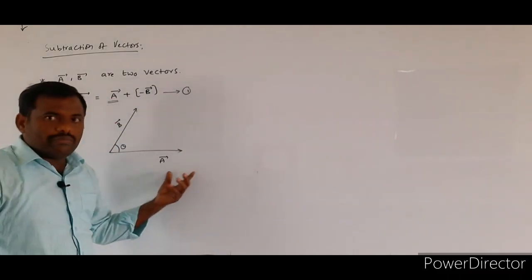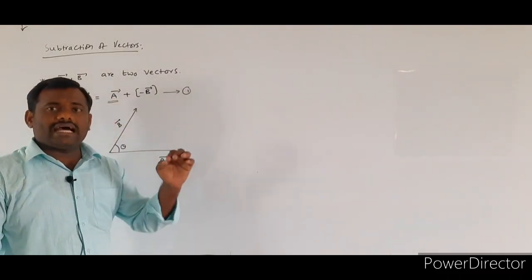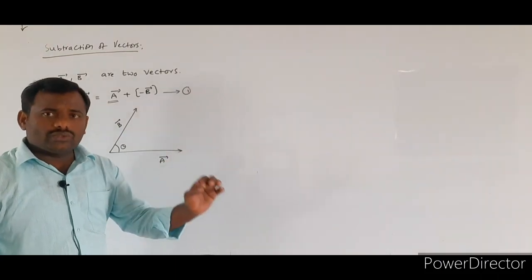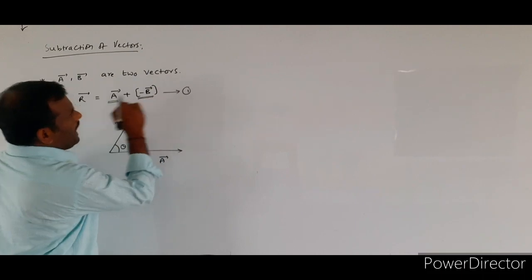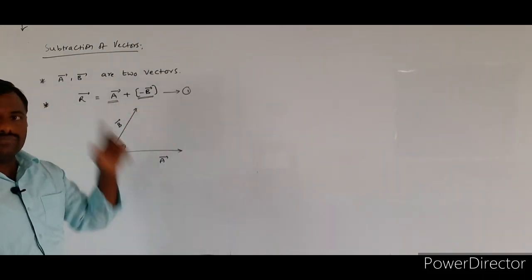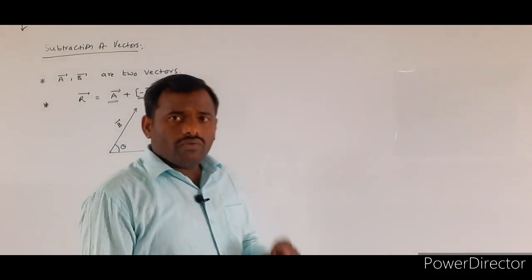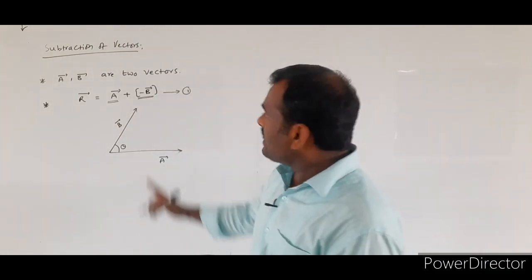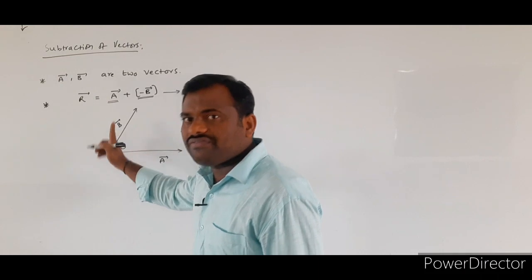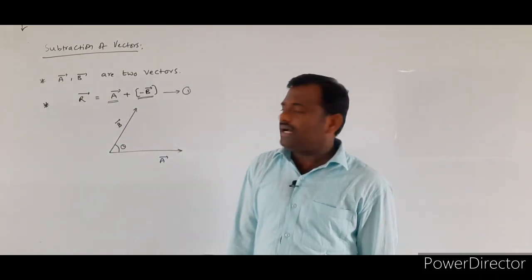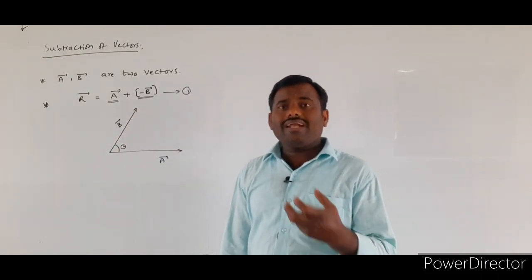In equation 1, A bar will be there, and we can't change the direction or the magnitude of that vector. In the second term we have the minus B bar term. What does minus B bar indicate? It indicates the negative vector of the second vector. How can we draw the negative vector?